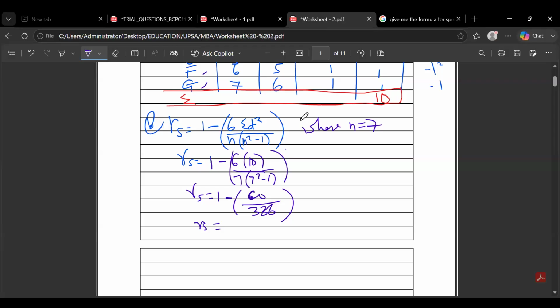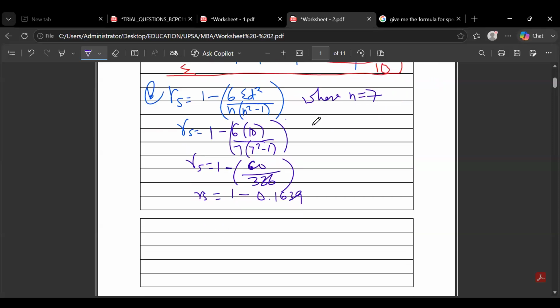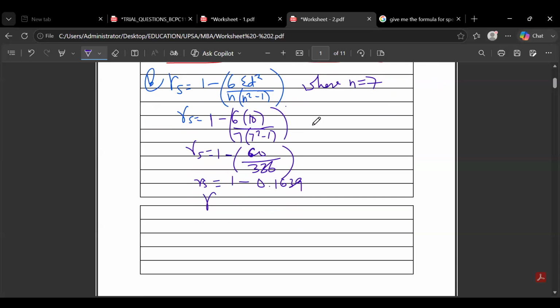So 0.1639. You first write 1 minus the figure, 0.1639. Now you can subtract it. What is our RS?